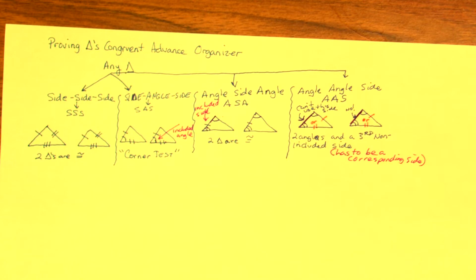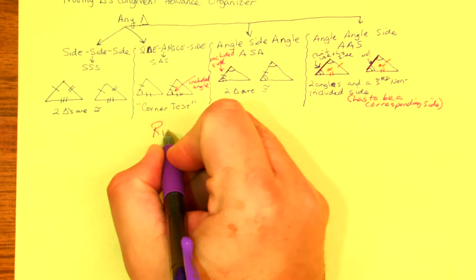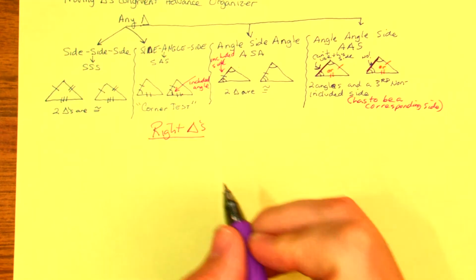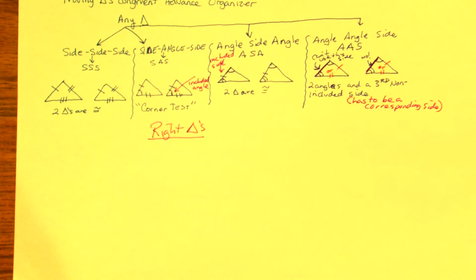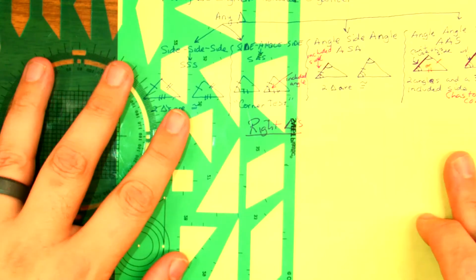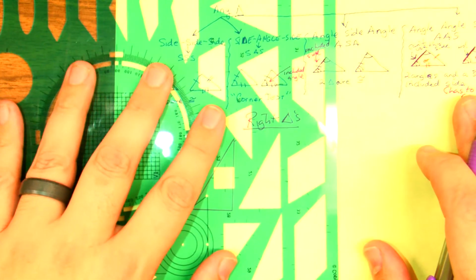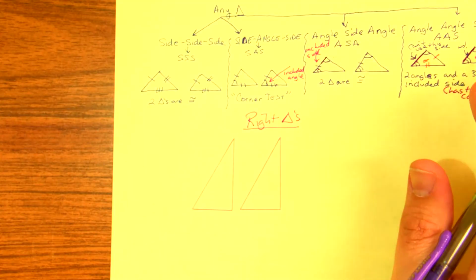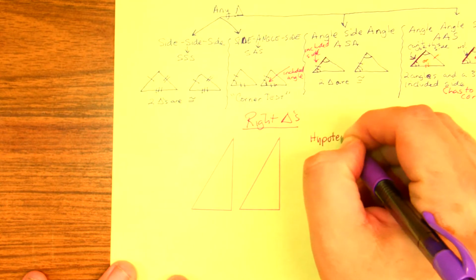That's alright. Now, for right triangle. For right triangles, I'm actually going to draw a couple right triangles for you. Alright, so, say you get this right triangle. There's something called hypotenuse leg.